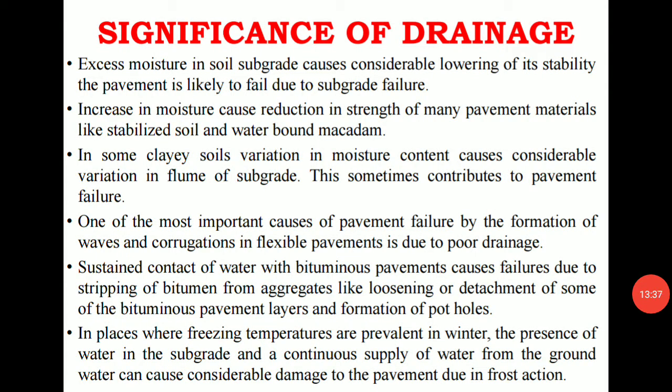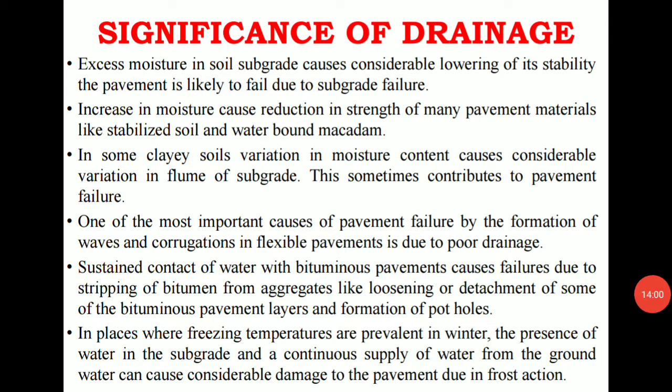And then the sustained contact of water with bituminous pavement causes failures due to stripping of the bitumen from the aggregates, like loosening or detachment of some of the bituminous pavement layers and formation of the potholes.